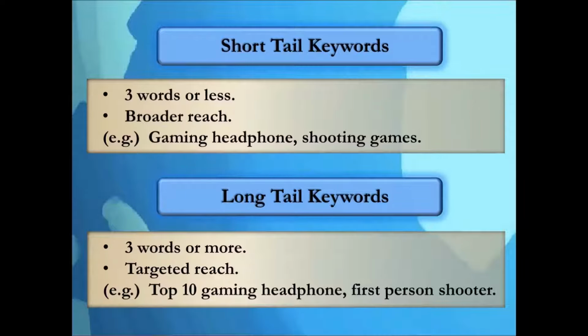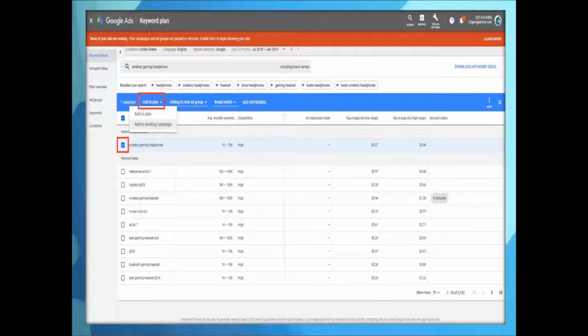So keywords can be separated into two different lengths: short tail keywords and long tail keywords. Long tail keywords are keywords that consist of 3 or more words. It's much more targeted than short tail keywords, which might be a little too broad. In this example, I probably wouldn't want to just add gaming headphones as my keywords.